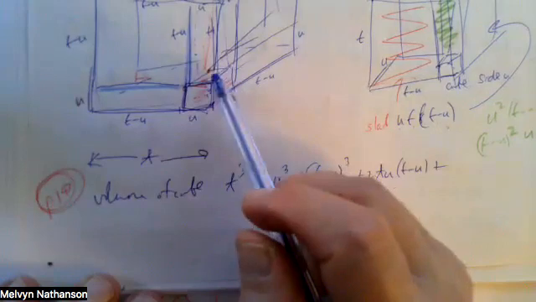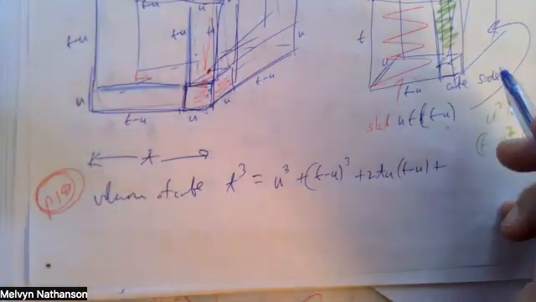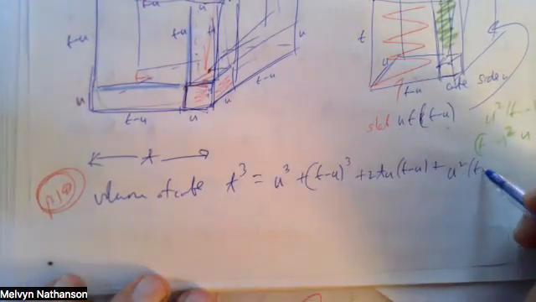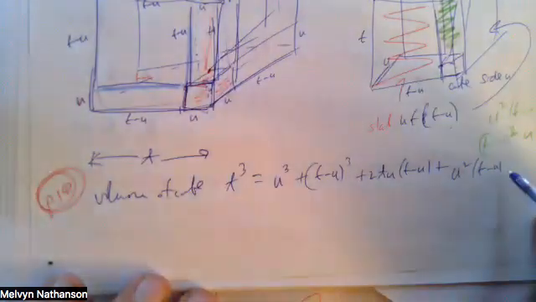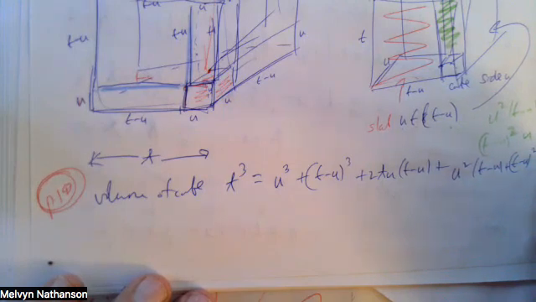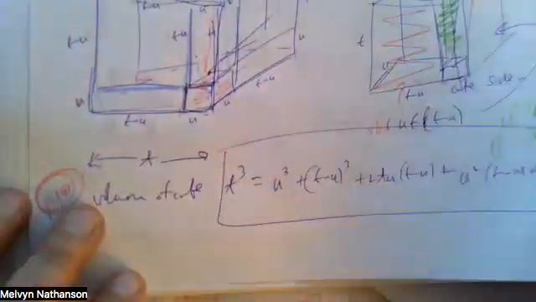plus I have the piece sitting on top of this little cube, which is u squared times t minus u, and the piece under this cube, which is t minus u squared times u. So I have this formula for the volume of a cube.